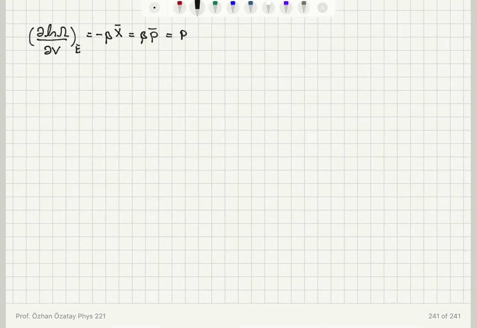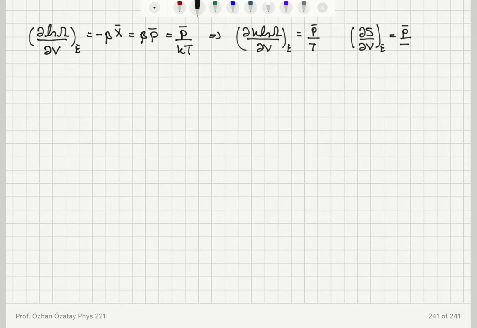So this is basically P bar divided by Boltzmann constant times absolute temperature, and this implies that the derivative of k ln omega with respect to volume for constant energy is P bar divided by T. So we find that the derivative of entropy with respect to volume for constant energy is P bar divided by T. So you can see that if you know entropy as a function of the volume, we can calculate from the derivative of S with respect to V the mean pressure applied by the system.